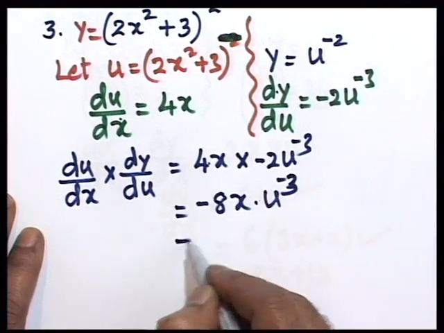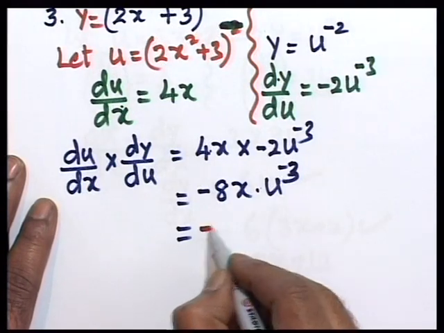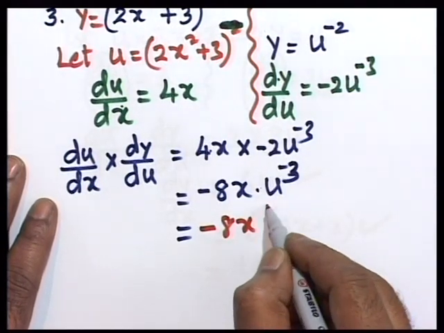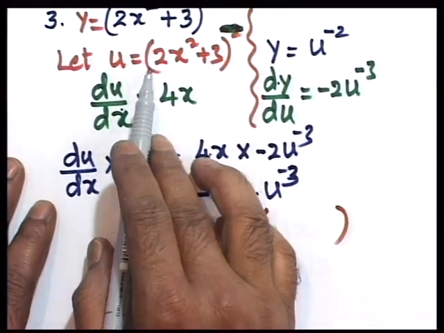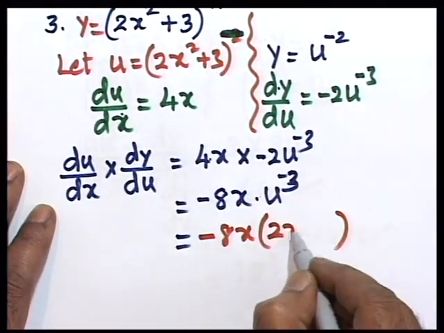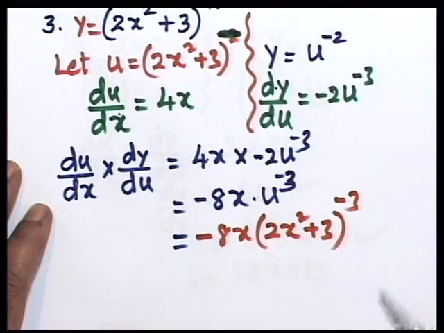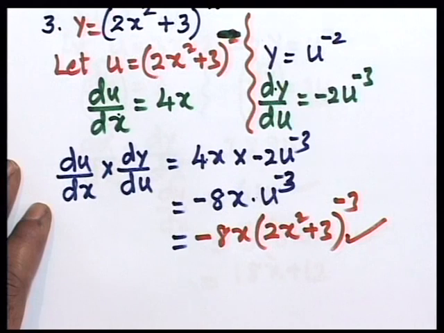As we said, we substitute the u back into the final answer there. So we have minus 8x staying there, and inside the bracket we called u equal to 2x squared plus 3 only, right? So it's (2x squared plus 3) to the power minus 3. So we can leave the answer like that, nothing wrong.